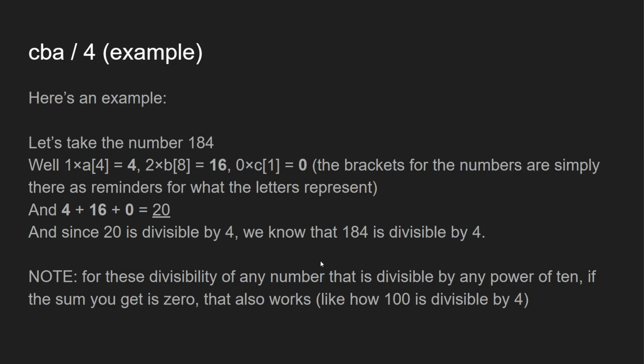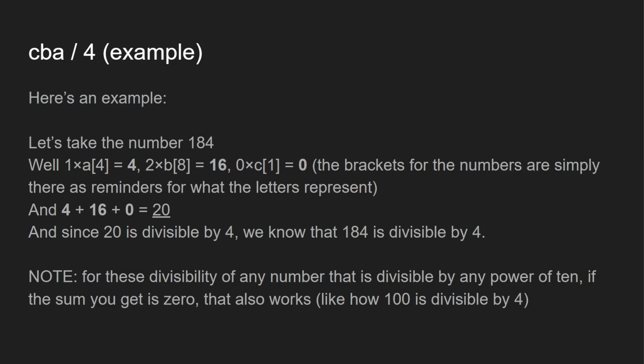For example, if you were to take the number 100, that would be 0 plus 0 plus 0, which equals 0. But that's fine because these are categorized under divisible by a power of 10, and thus we're going to say that 0 is divisible by 4. So I want to immediately clarify that, because there are going to be some instances later on where that is not the case.